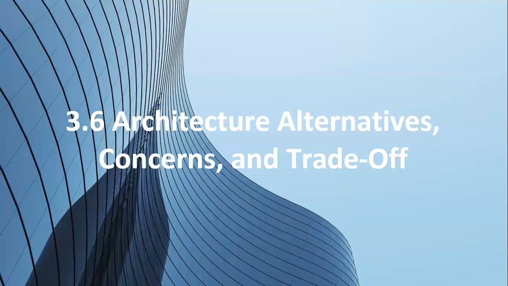Now, next one, what do you mean by architecture alternative or trade-off? Trade-off is basically when a requirement is expected to cover certain features, and when you deliver certain other features, you have to leave out some features. So that is considered a trade-off, something excluded or that can't be delivered because of a dependency on something else.